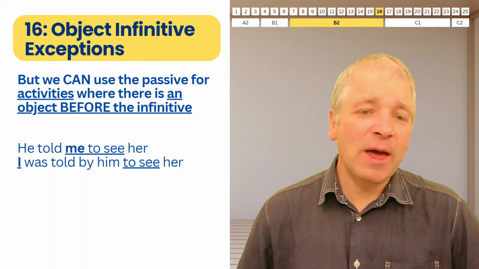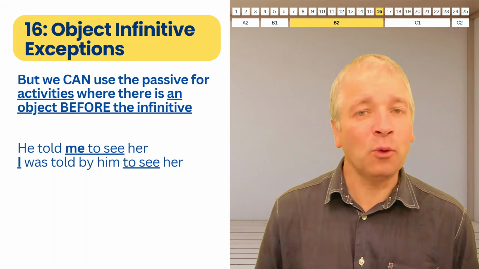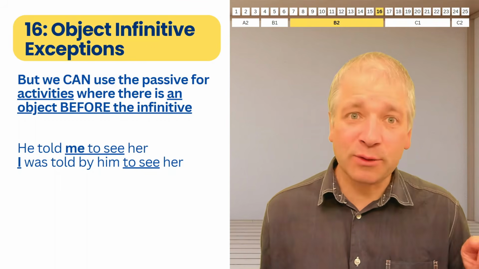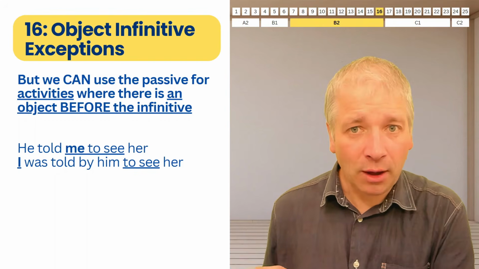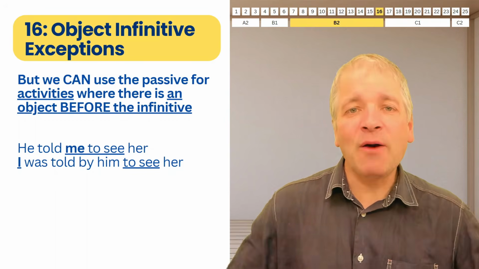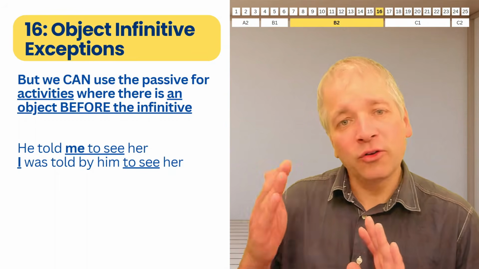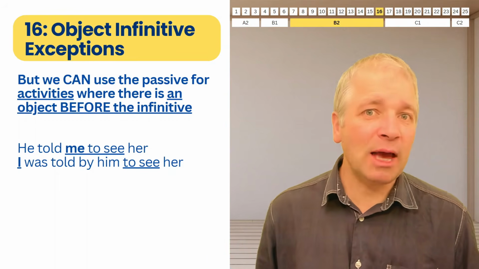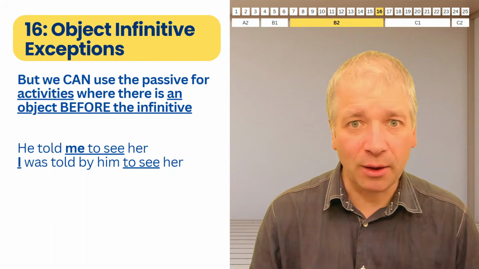One way is when there is an activity and there is an object before the infinitive. Look again at the sentence. Not he told to see her, but he told me to see her. We have the object me before the infinitive, before to see. And in this case, we can use the passive. I was told by him to see her.